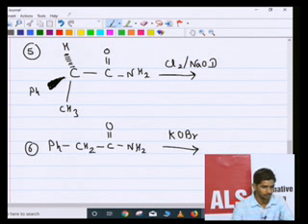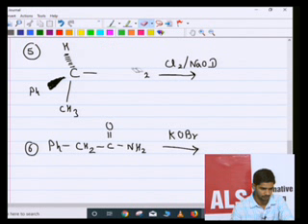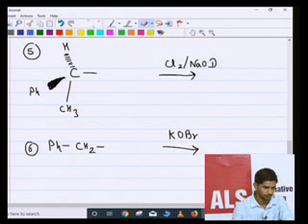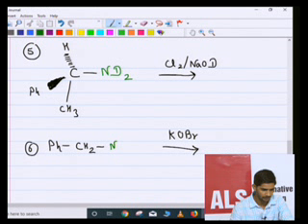See, let's see the answer. I'm writing in the question actually. So this is the answer. You will get ND2 over here and you will get NH2 over here. These are the answers.